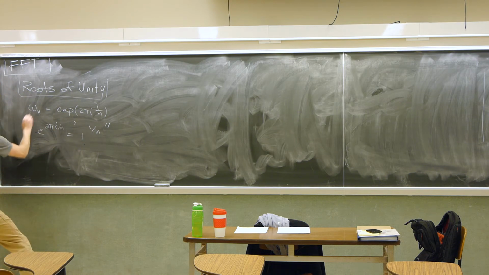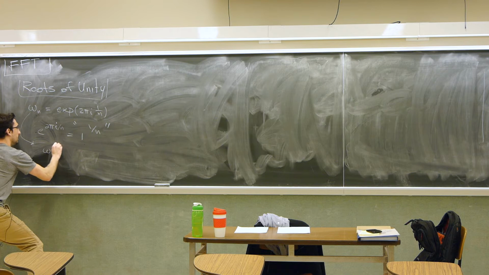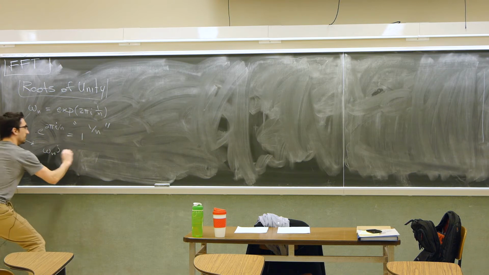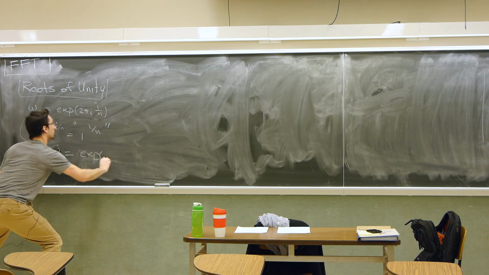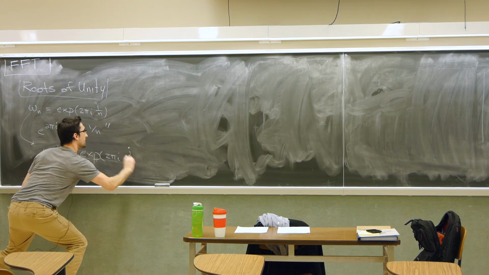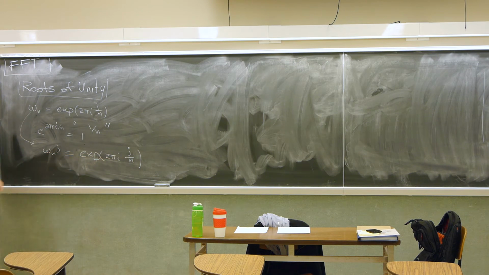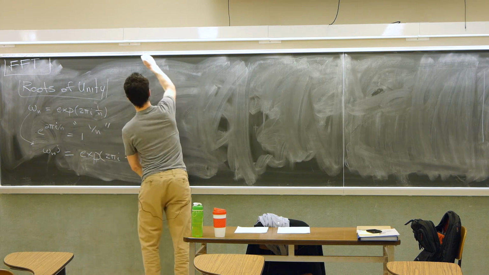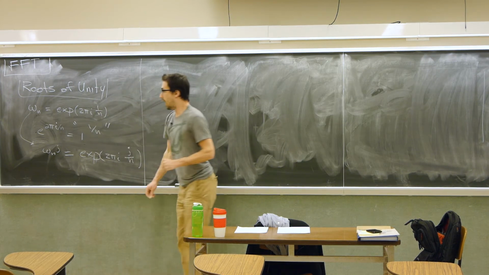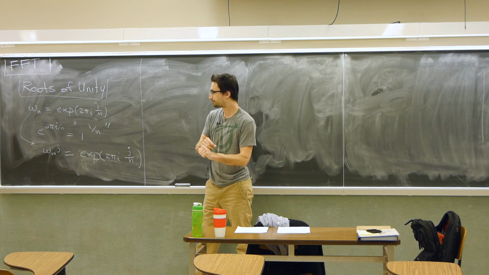There are n different nth roots of unity. We just raise W sub n to the power j, and the actual symbolic expression for that is j over n as an exponent in this expression. And so these have some pretty neat properties that we're going to exploit today for fast matvec.